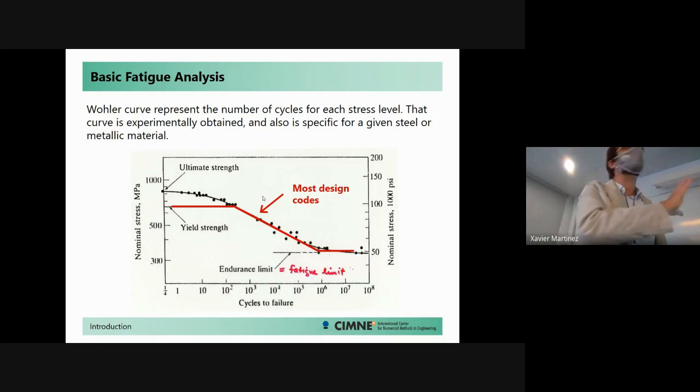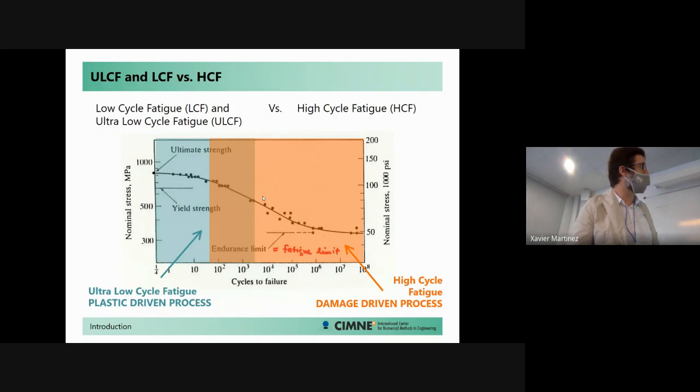Now, with this graph, I can define the different fatigue failure modes that can occur on a material. I have defined this orange area in which we will have what we call high cycle fatigue.